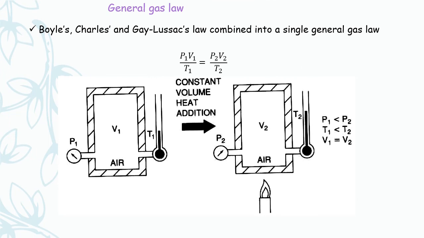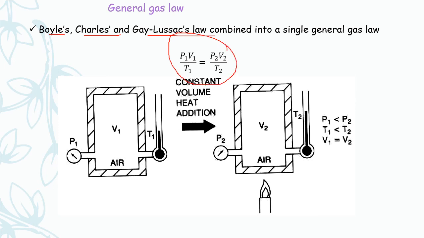So lastly, the general gas law. When all these laws, Boyle's law, Charles law and Gay-Lussac's law, are combined into a single law, it is the general gas law or ideal gas law. The expression is given by P1 V1 upon T1 equal to P2 V2 upon T2.